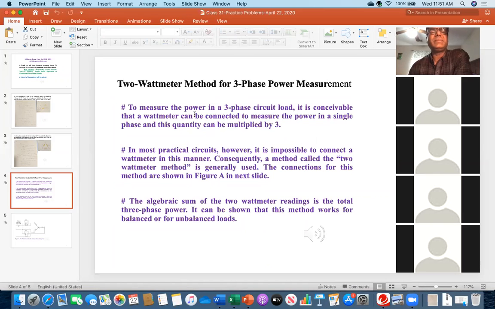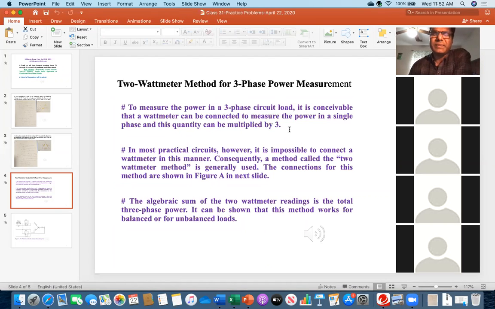This means what I have written. Everybody now read the first bullet. To measure the power in a three-phase circuit load, it is conceivable that a wattmeter can be connected to measure the power in a single phase, and this quantity can be multiplied by 3. So if it's a balanced system, you can just use one wattmeter in a single phase, and multiply that reading by 3. That will give you total three-phase power.